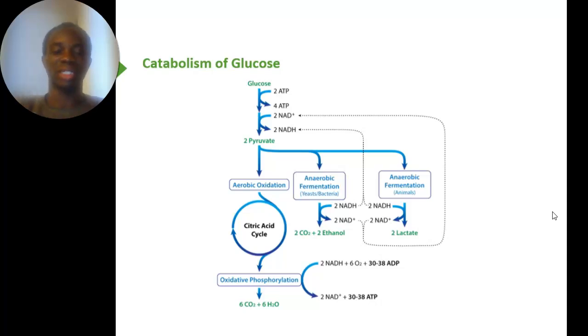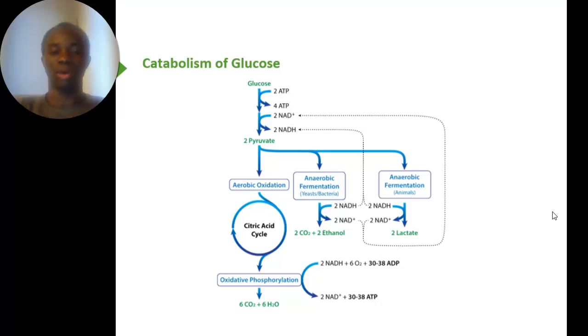So take note that the TCA cycle is linked to the electron transport system, and in this system, that is where oxidative phosphorylation takes place. So two things take place at the electron transport chain. You have ATP synthesis, and at the same time you also have electron transport. The electron transport system is a combination of two systems: a part that generates ATP and a part where you have flow of electrons.